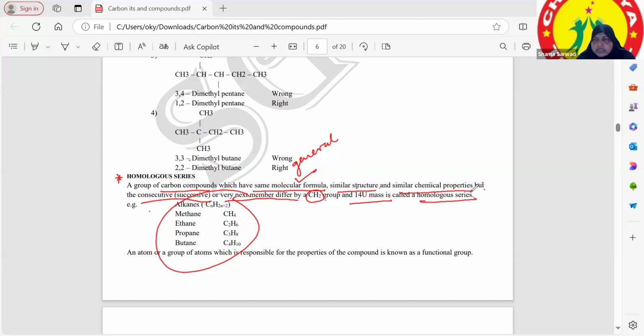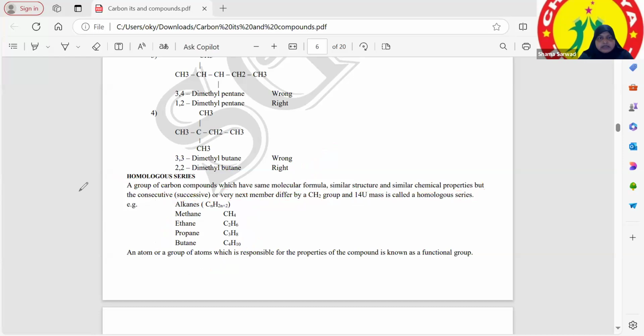That is called the homologous series. If you want to know the definition, you can note it, because this can be asked a number of times. It was already asked a number of times. It can be asked this year as well. Okay, ma'am.